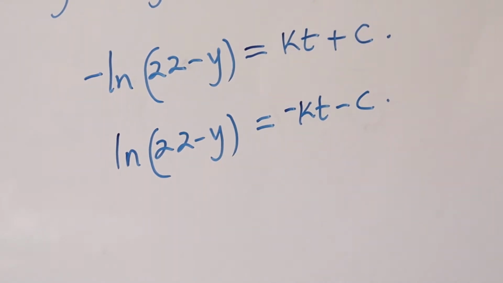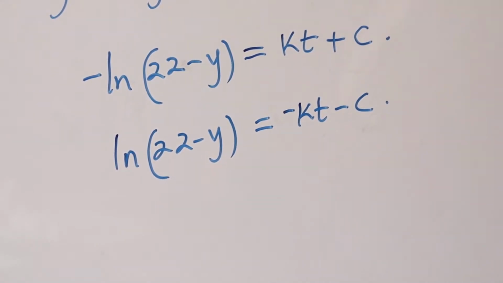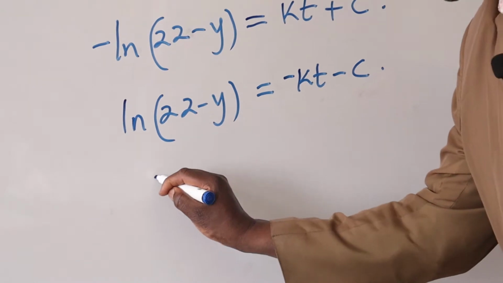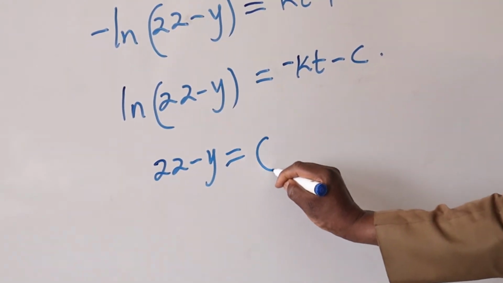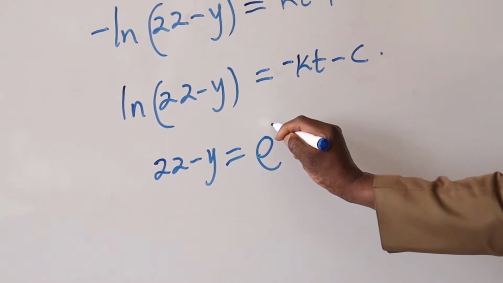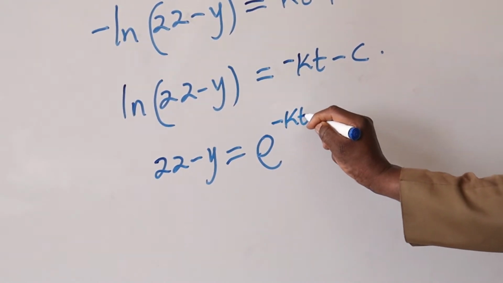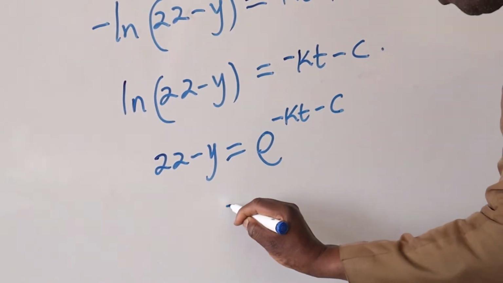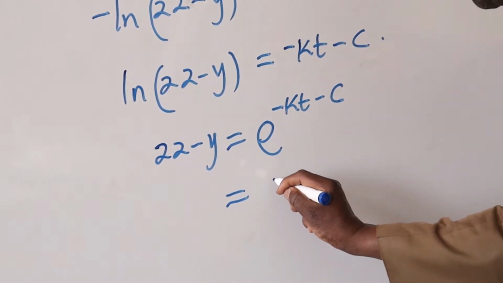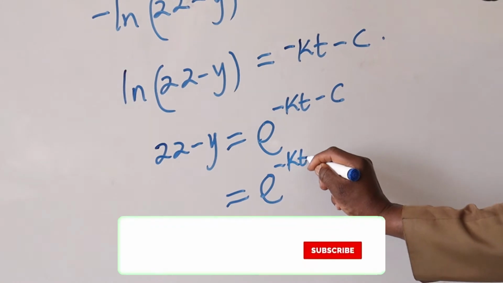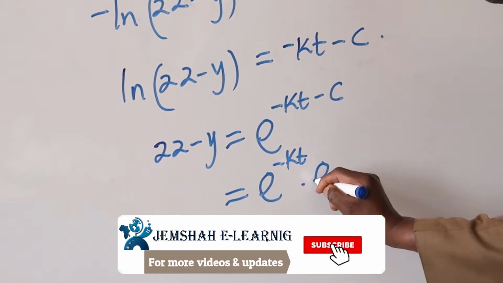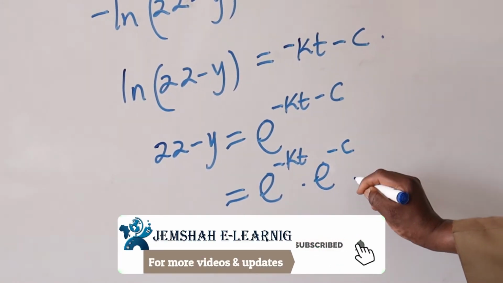So 22 minus y will be equal to e power minus kt minus c, which is e power negative kt multiplying e power negative c.